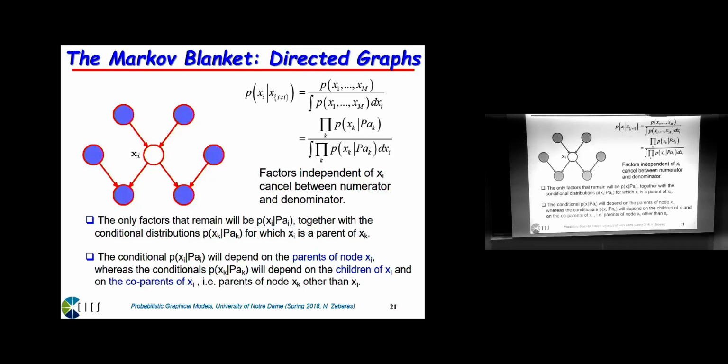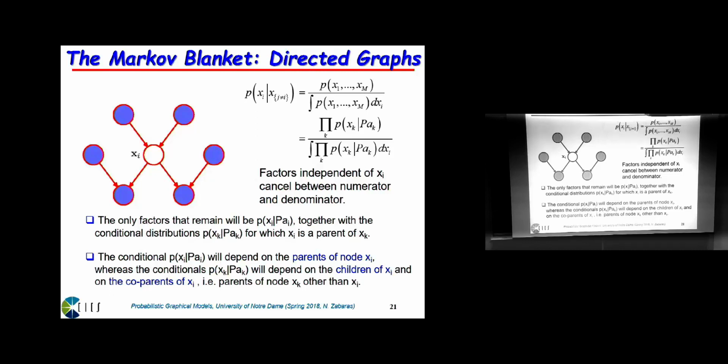So let's say we want to know, given all the other nodes but node i, what's the probability of Xi? Right? Remember we said the Markov blanket is the set of nodes that isolate node i from the rest of the nodes. So I want to know what this probability depends on.